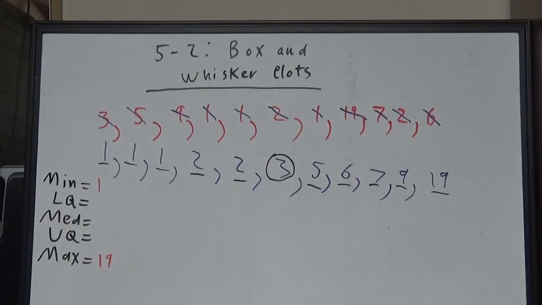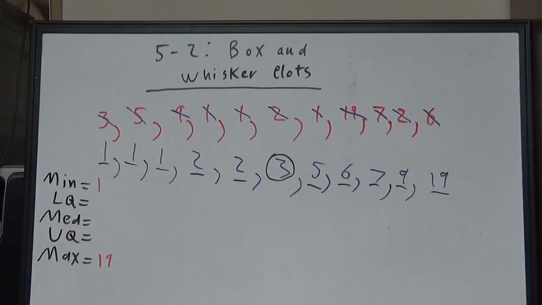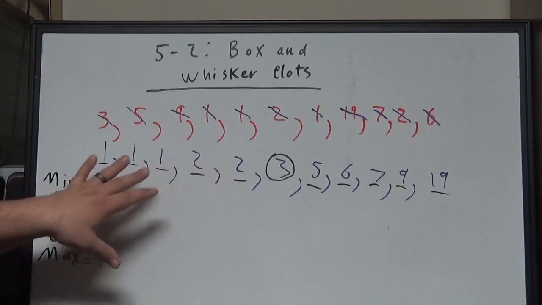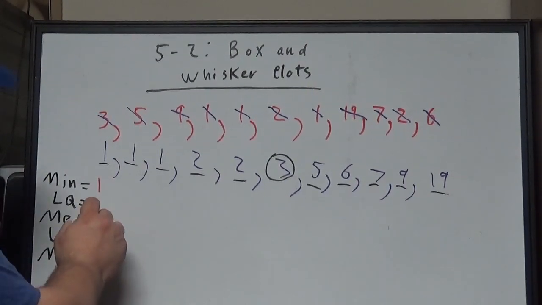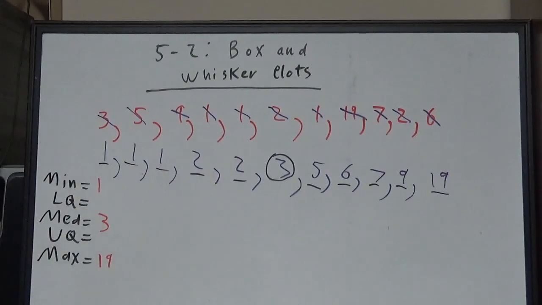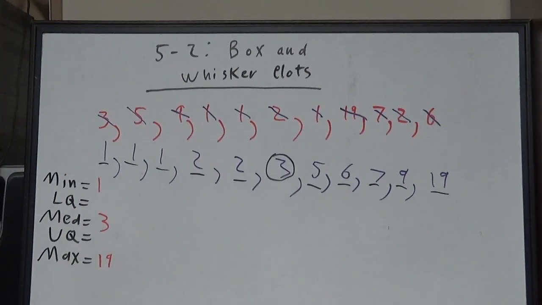My middle number is 3. Notice, by the way, if you look at the maximum and minimum, it doesn't look like the middle number would be 3, but it is. That's why median is often a very good measurement of central tendency, often better than mean. Anyway, our median is 3.